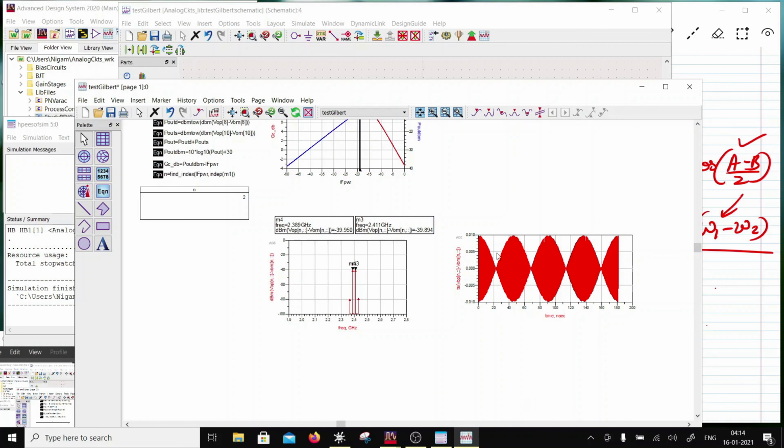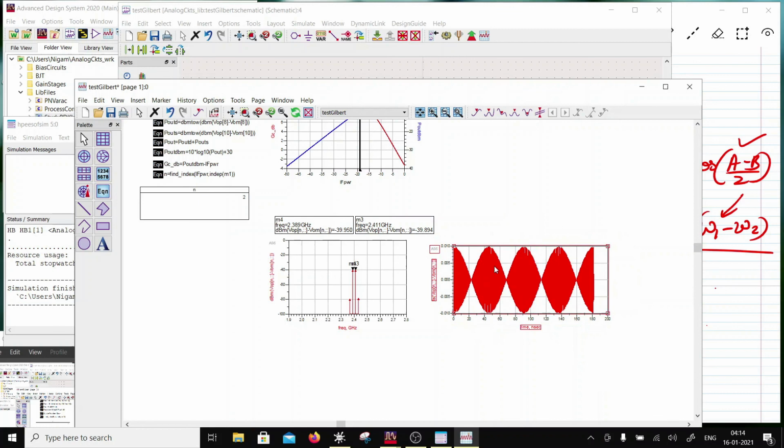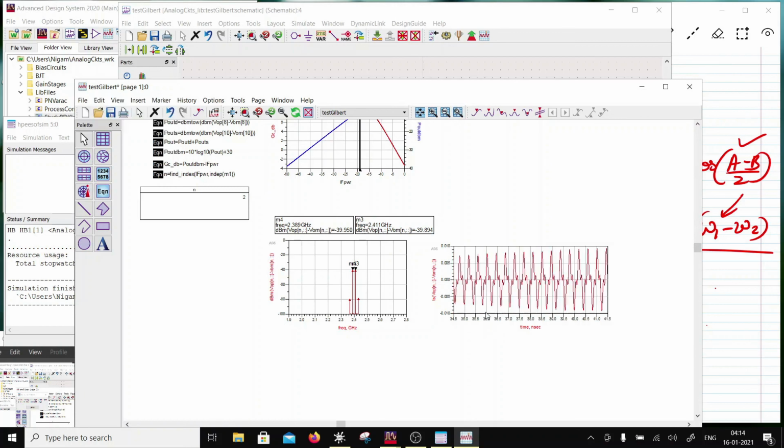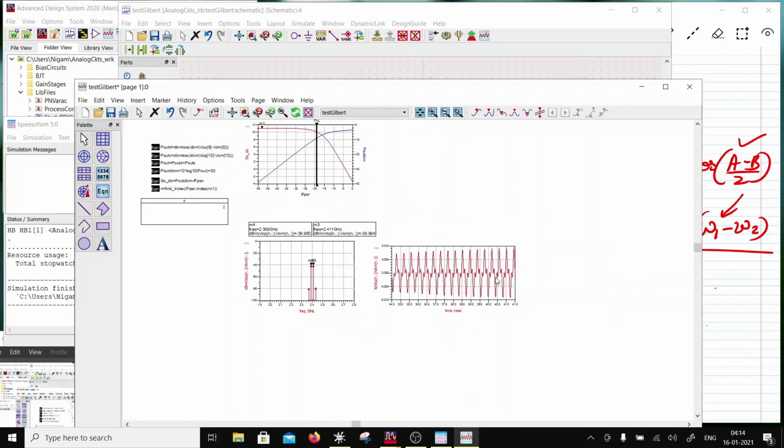So basically you have 11 megahertz and then the carrier frequency, isn't it? So if you zoom in, okay, so you are going to see the carrier frequency and you are going to see the carrier is being modulated by 11 megahertz. That's all what you're going to see here.